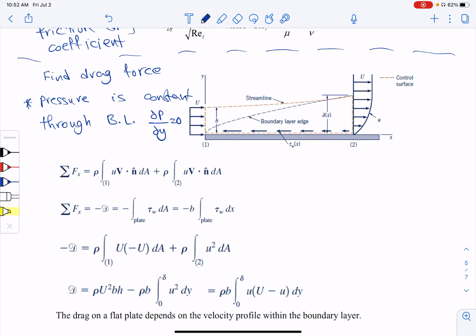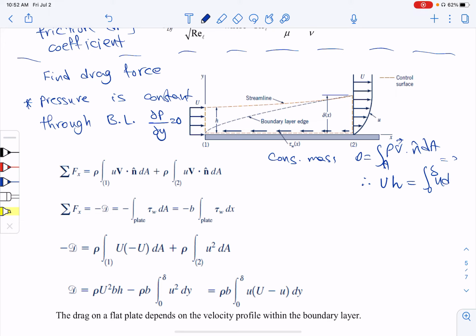And if we use the conservation of mass, we know that 0 is equal to the integral of rho v dot n dA, right? And so because of this, we can see that U_H is equal to the integral of U dy.